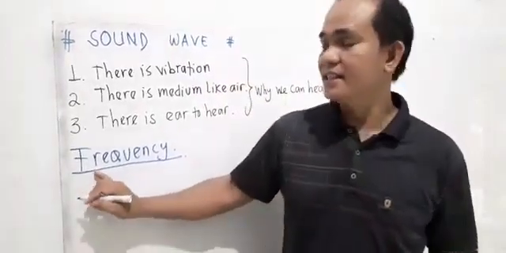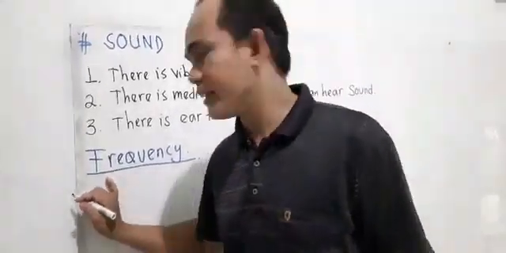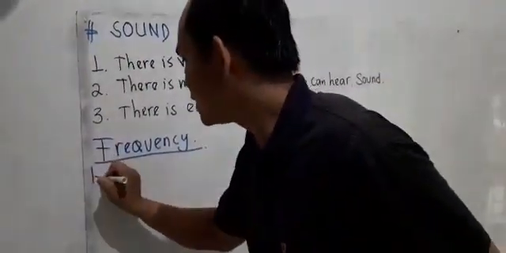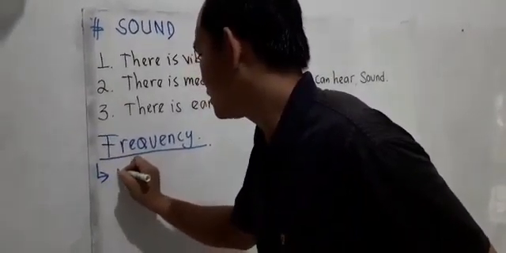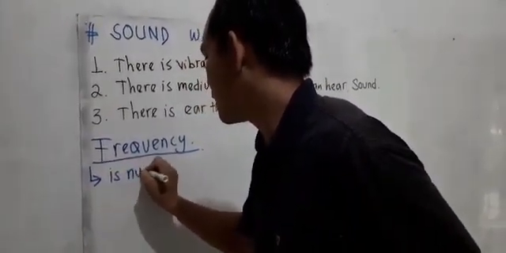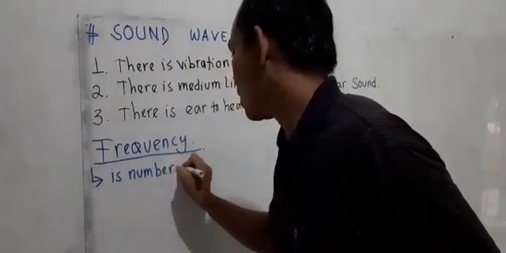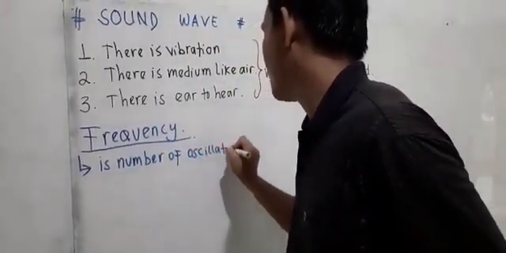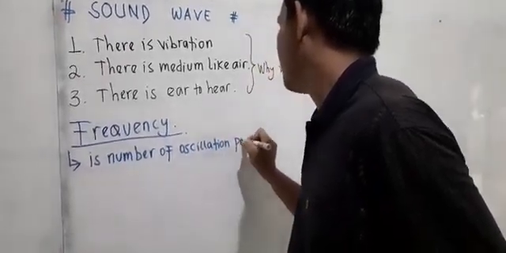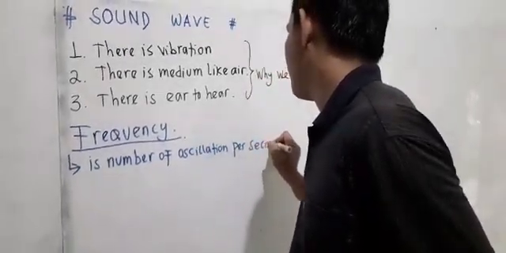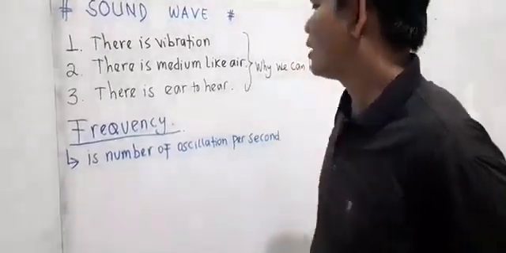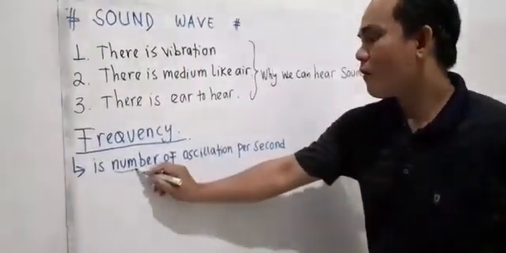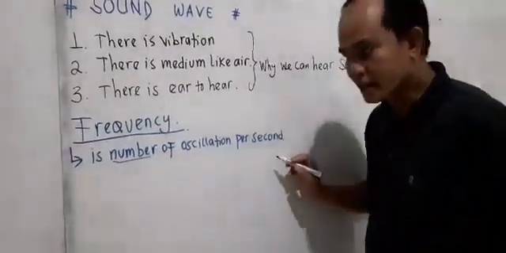Frequency is the number of oscillation per second, or per time.